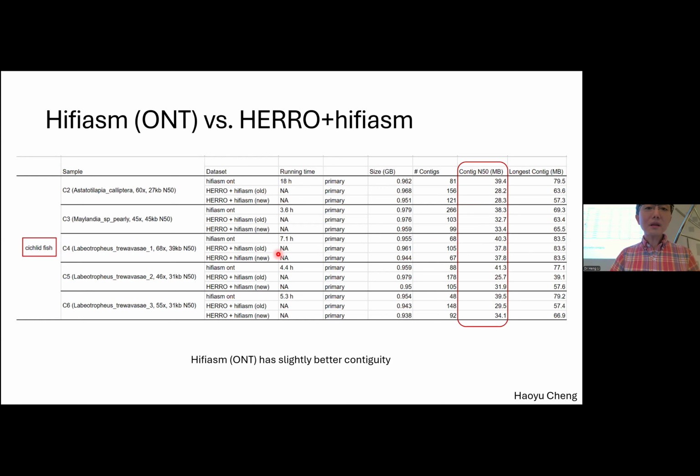And also, okay, this is non-human data. This is fish data, and this is the Hero. You can also combine Hero and HiFi versus the ONT-only mode. The N50 is roughly about the same, but at least on this data set, the ONT mode consistently gives better, longer contigs than the Hero plus HiFi mode.